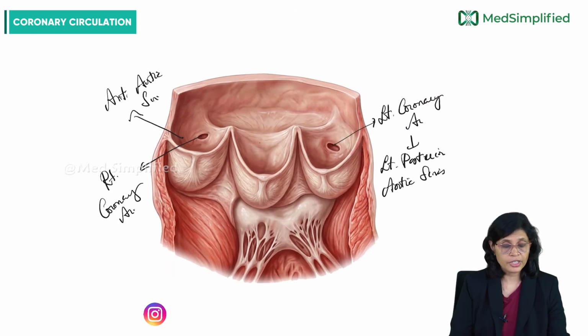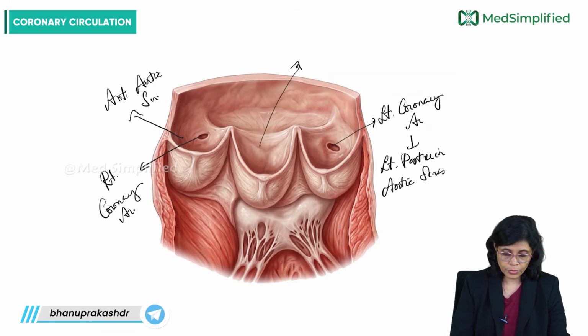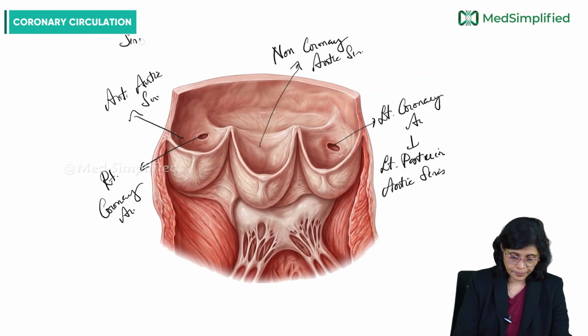The right posterior aortic sinus, if you see here, doesn't have any openings like this. So this is known as the non-coronary aortic sinus. And all these aortic sinuses are known as the sinuses of Valsalva.